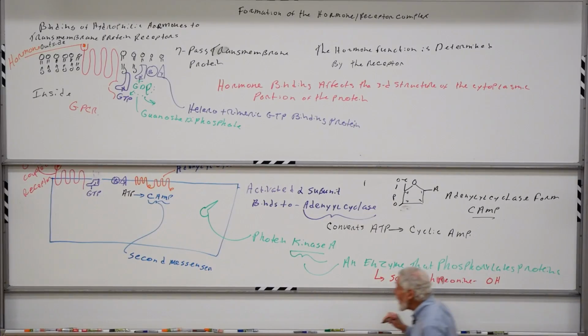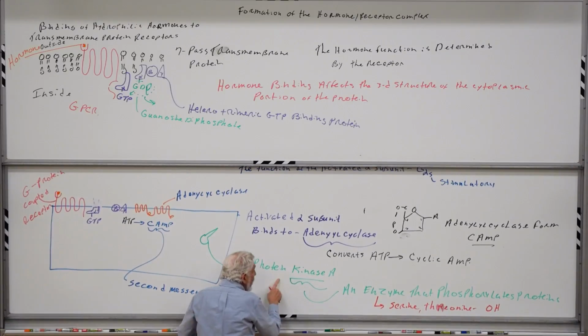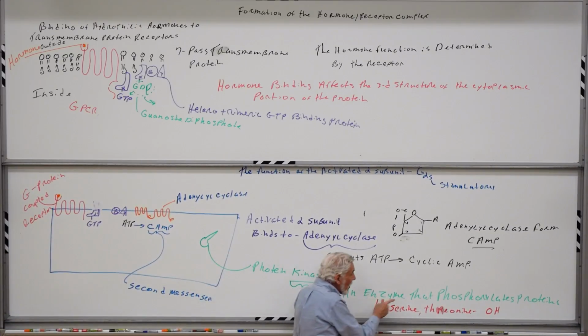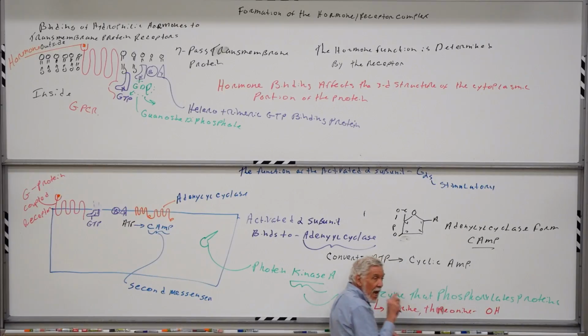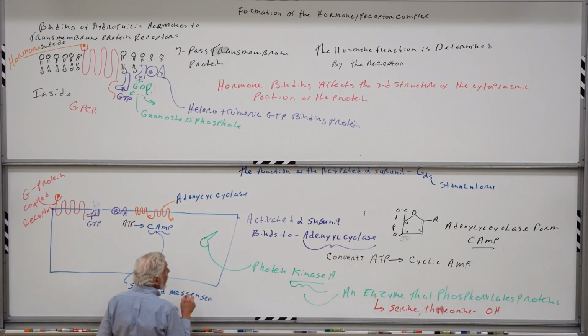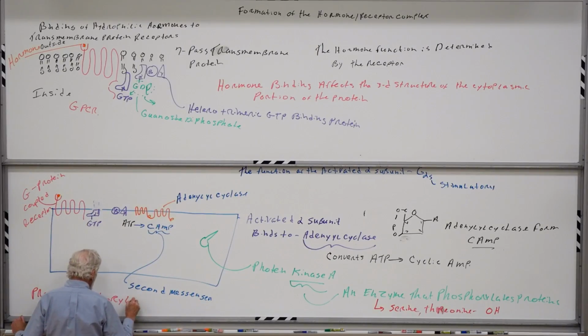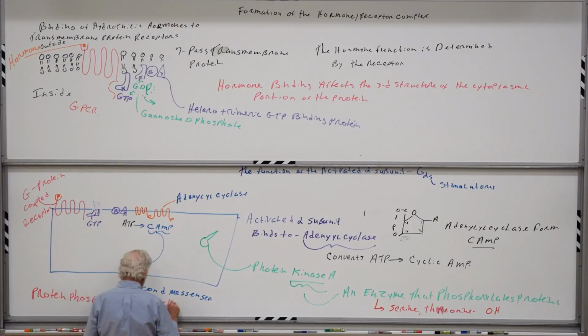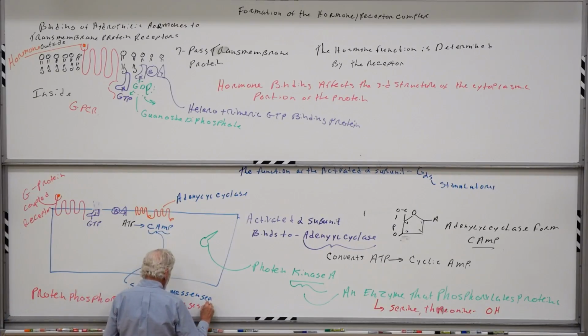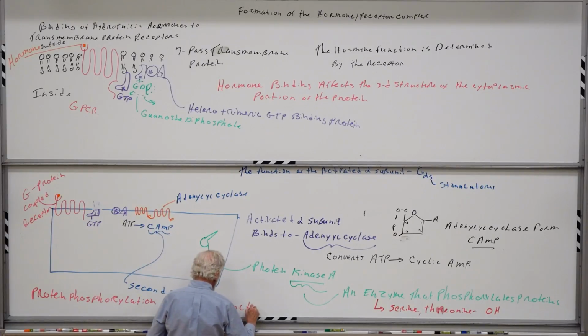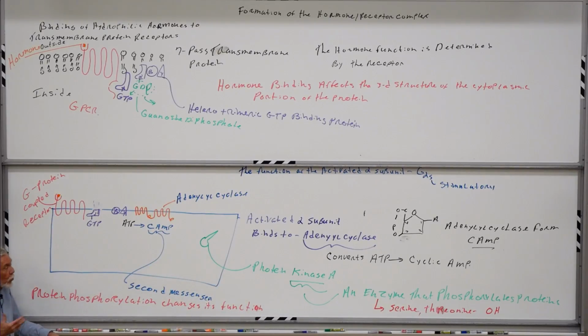What I really want you to recognize is that the protein kinase A is an enzyme that adds phosphates to proteins. And anytime you phosphorylate a protein, down here, protein phosphorylation changes its function. So when you modify a protein by adding these great bulky and charged phosphate groups, you change its function.